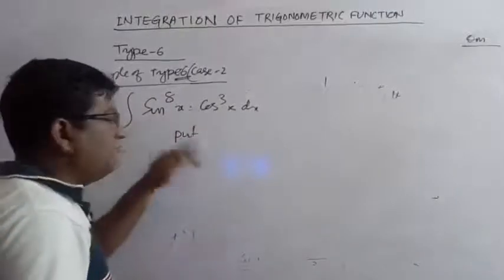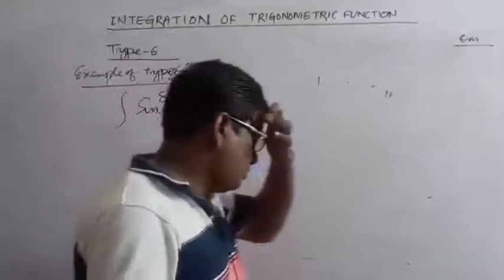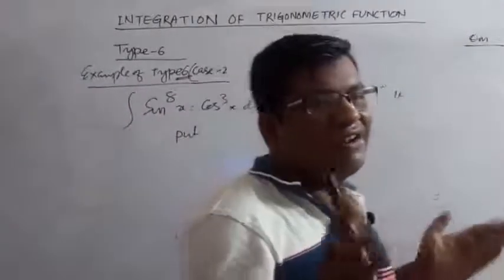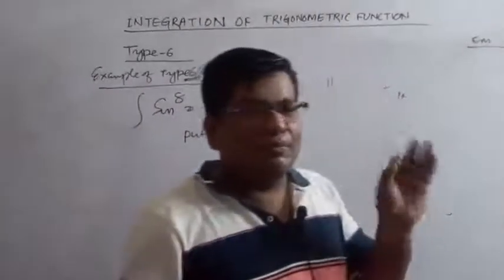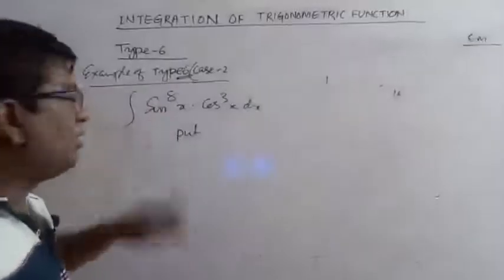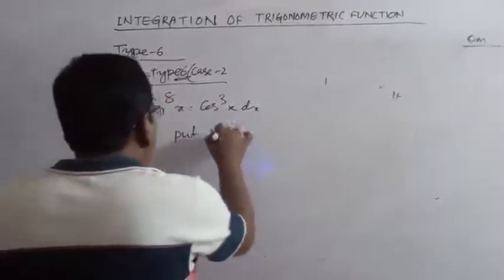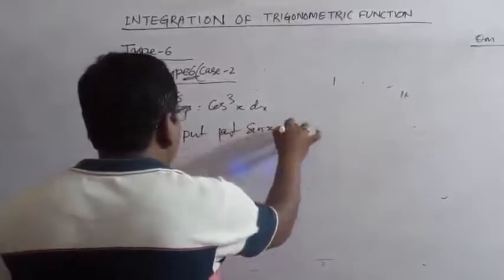If one of the powers is even and one is odd, then put t equal to the function which has the even power. So sin x has the even power, so I put sin x equal to t.